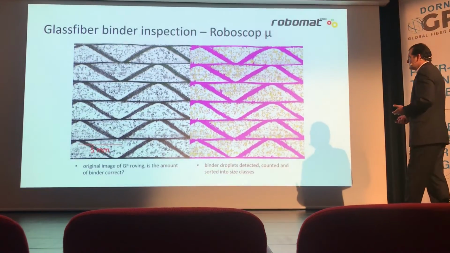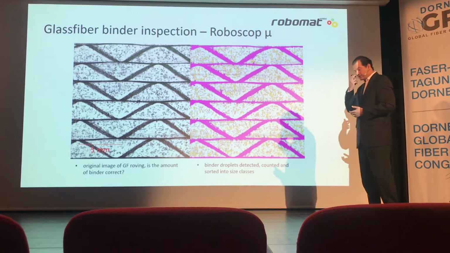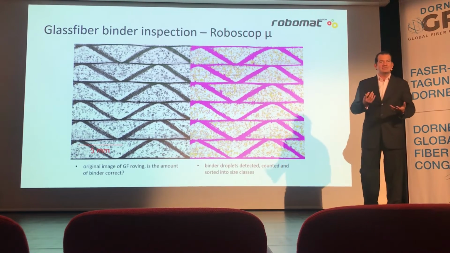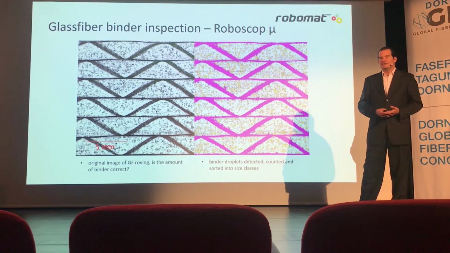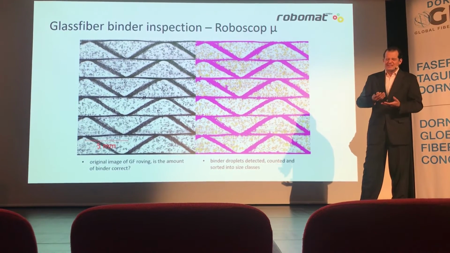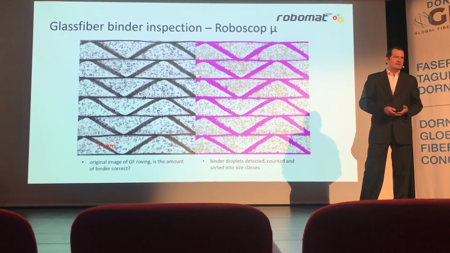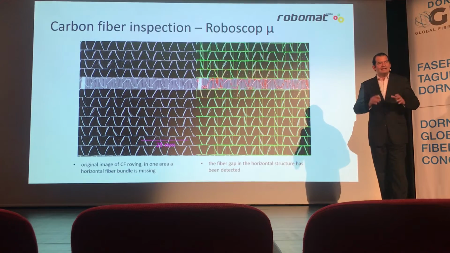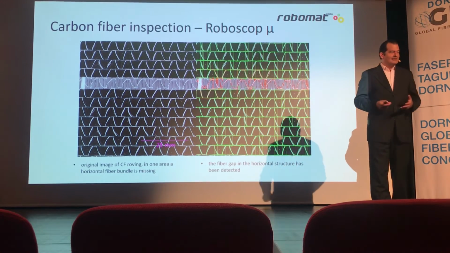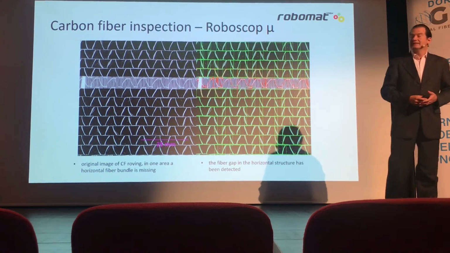Extremely difficult in glass fibers because of the reflections within the glass fibers. We have to find the right lighting, the correct translucence and the correct reflections to get good pictures. Carbon fiber is a little bit easier, but of course all with reflective light.